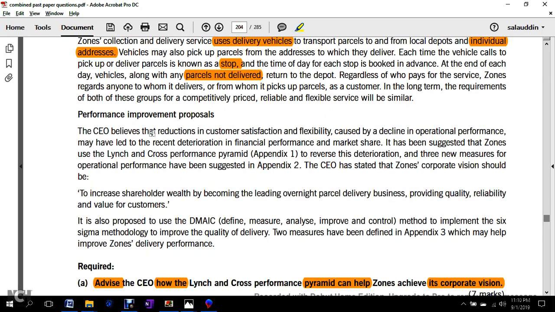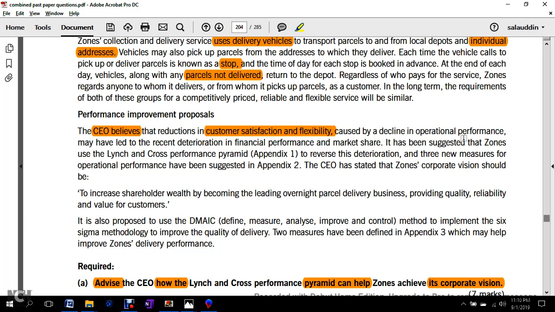Performance improvement proposal. The CEO believes that reduction in customer satisfaction. What does the CEO believe? In APM, in most cases the CEO is a lady. So what does she believe? The CEO believes that reduction in customer satisfaction and flexibility, caused by a decline in operational performance, may have led to the recent deterioration.